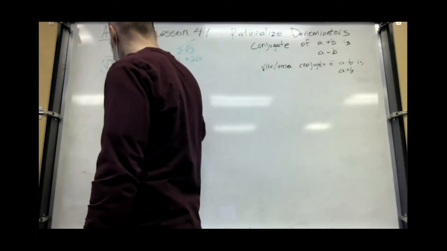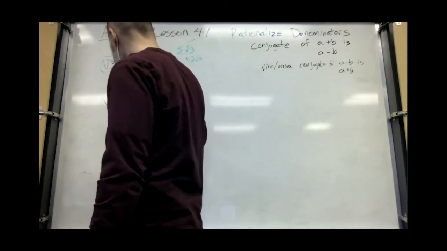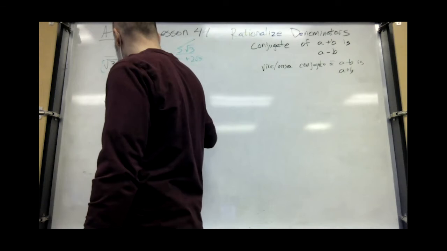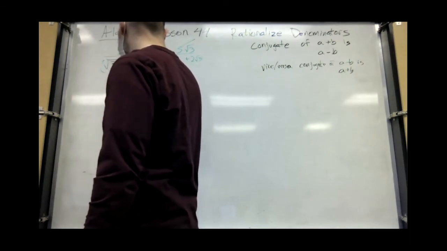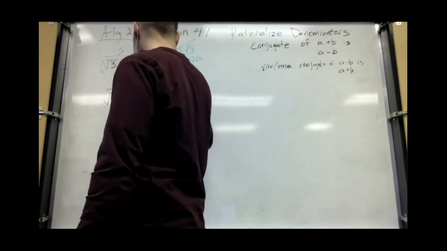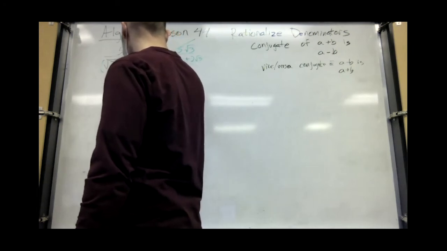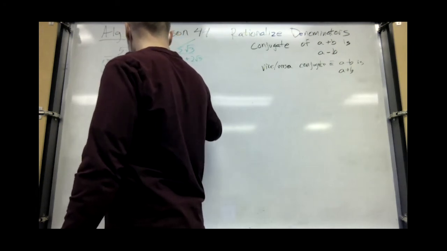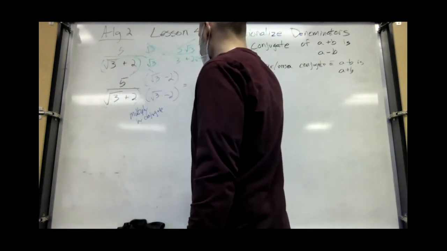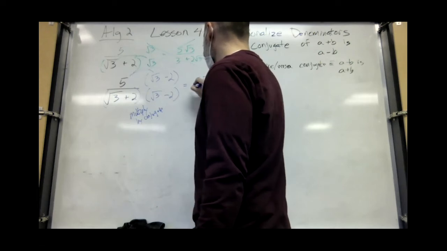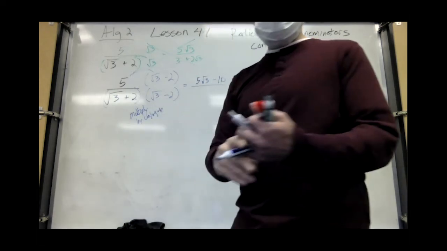Right, multiply. Now here's why this works. If I multiply this by radical 3 minus 2, whatever you do to the bottom, do to the top. So now you're going to have a big mess on top. Let's do that first. You get 5 radical 3 minus 10. And then what happens when you FOIL this out?